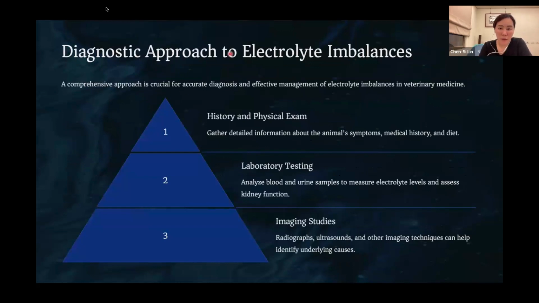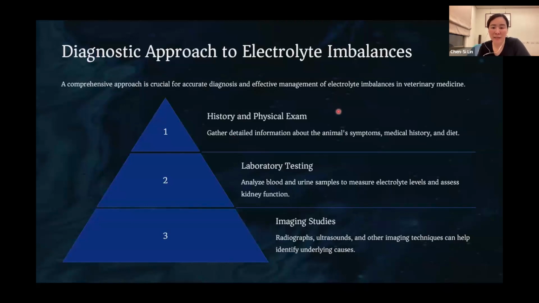So how do we diagnose this electrolyte imbalance? We have three stages. Maybe all of you are familiar with this three-stage check. The first stage is that we need to know the case history and do some physical examination.